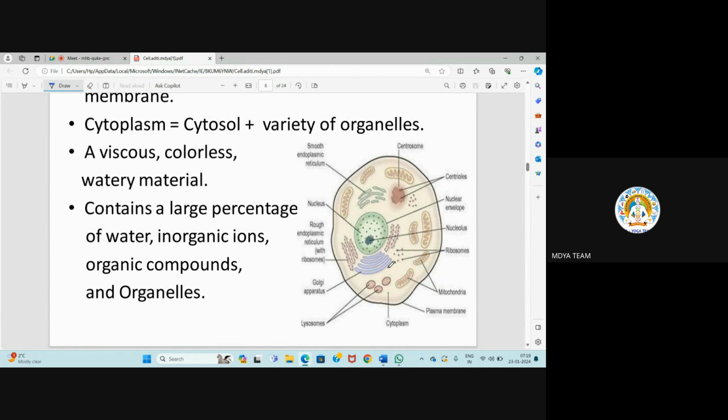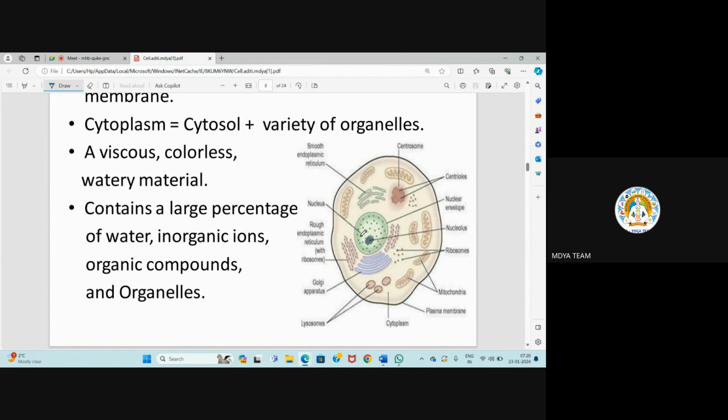The parts of the cell inside are known as cell organelles. Is it clear? Yes, ma'am. So if the organelles have a membrane inside the cell, then it is eukaryotic. If they do not have a membrane inside the cell, then it is prokaryotic.